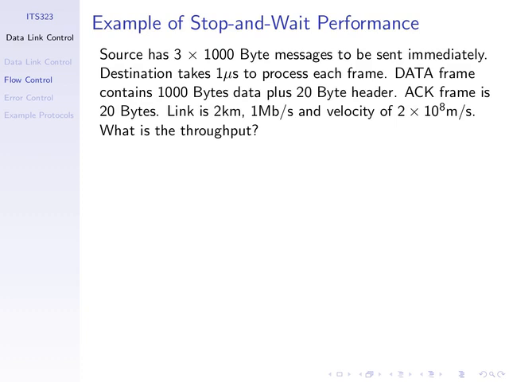Again, using the knowledge from before the midterm, propagation is the distance, 2 kilometres, or 2,000 metres, divided by the velocity of our signal. To make this example easier, 2 by 10 to the 8 metres per second is the velocity of the signal.